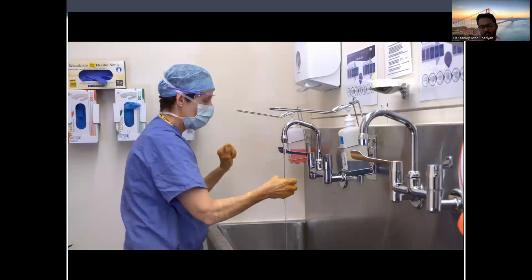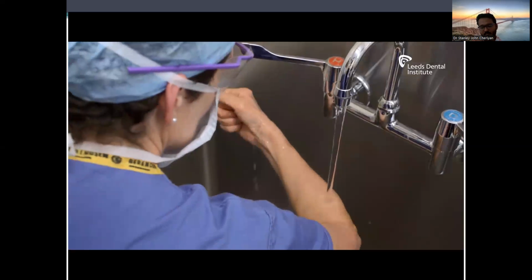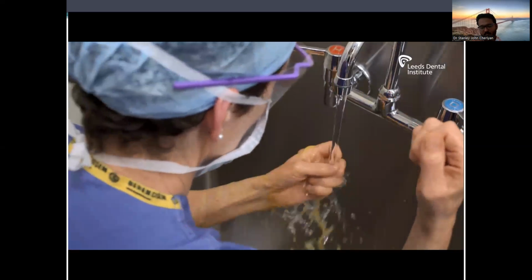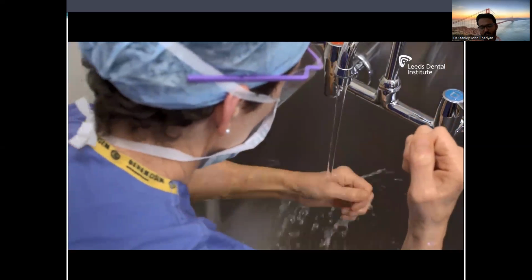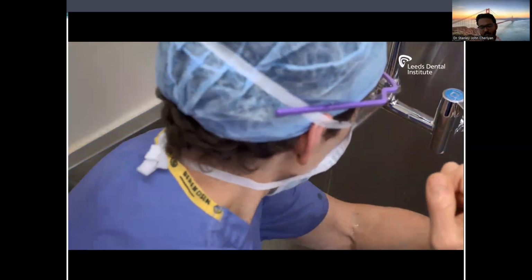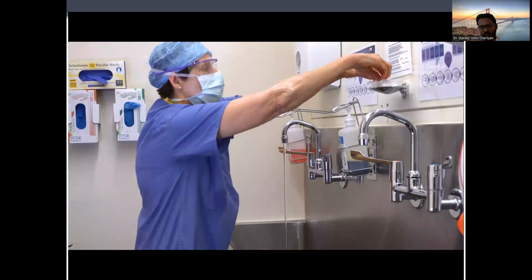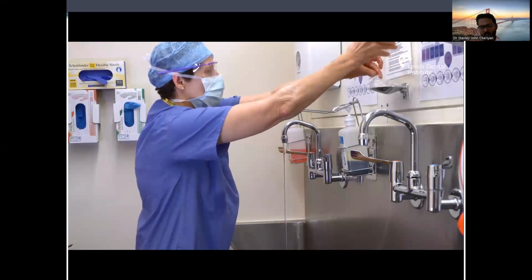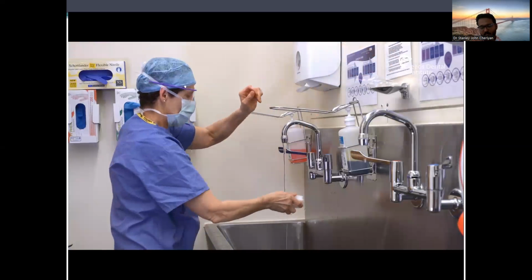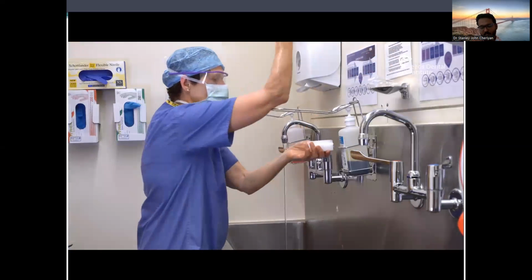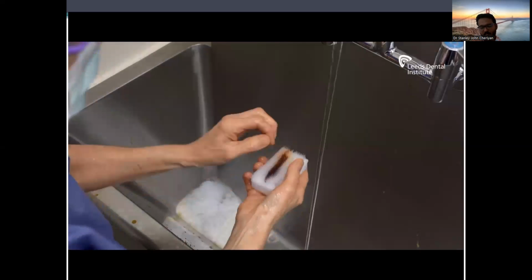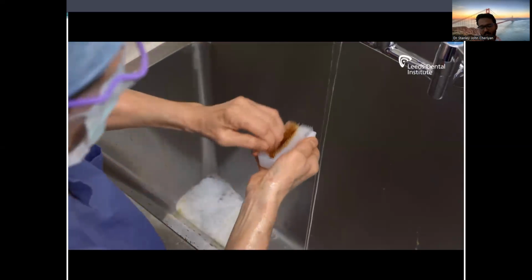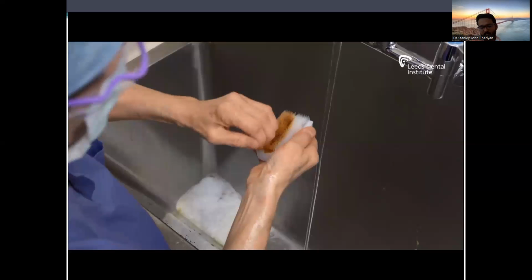Rinse your hands and arms from the fingertips to the elbows, allowing the water to flow to remove the scrub solution. Take the scrub brush up, wet and apply 5 ml of solution to the brush side and use to scrub your nails only for 30 seconds per hand.